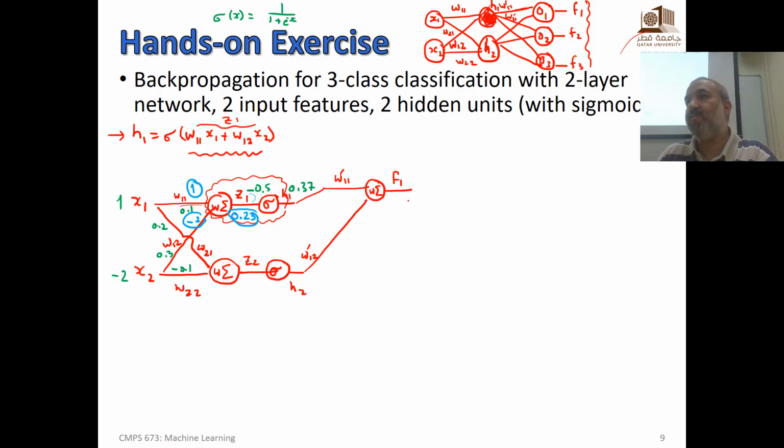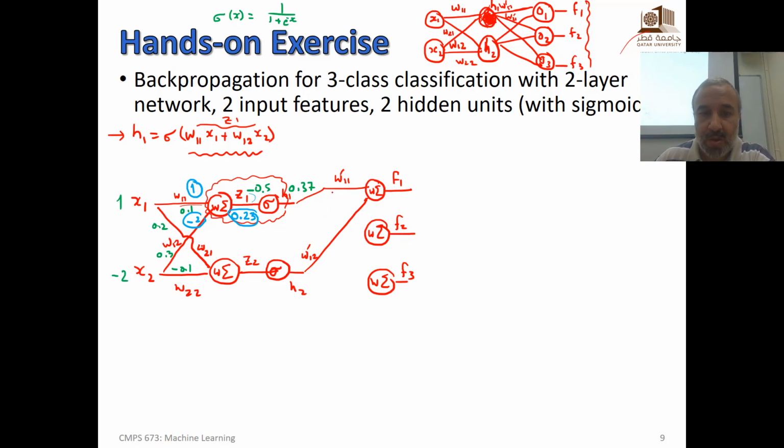Do we have sigmoid? No, because that's the output layer. Same for F2 and F3.